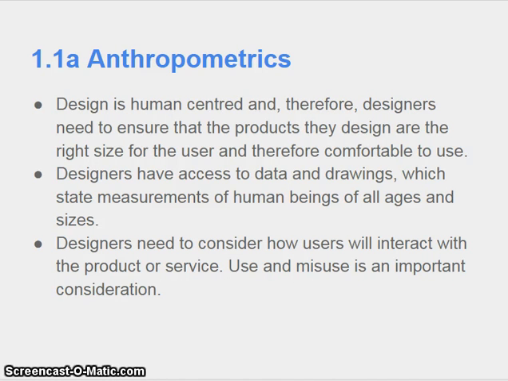Designers also need to consider how users will interact with products or services, and they need to consider use and misuse. Okay, use and misuse. So they need to be very aware of certain design aspects. For example, within the last 5 years or so, they came out with new medicine bottles. Remember the old medicine bottles were push down and twist, or line up the two things and pop it off for child protection?